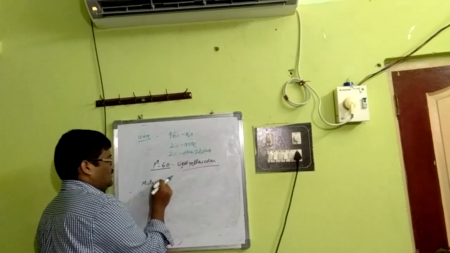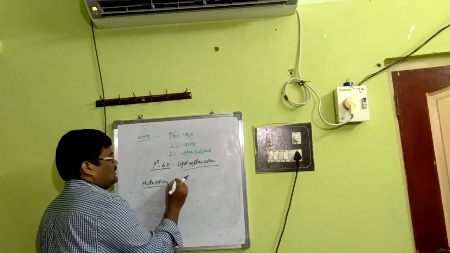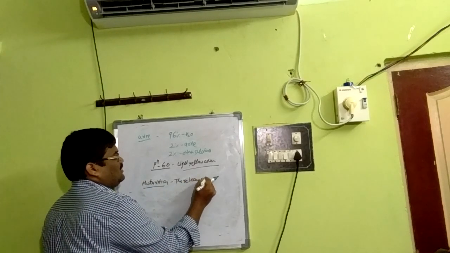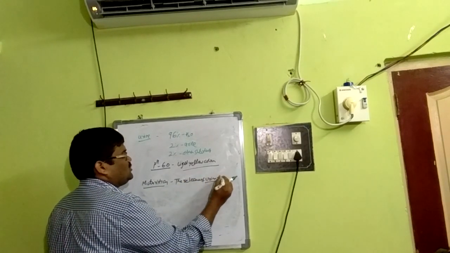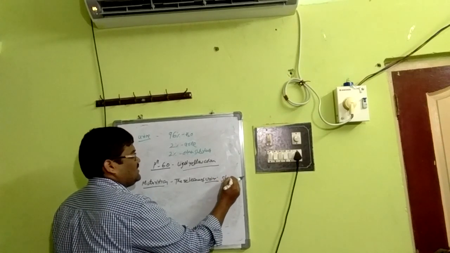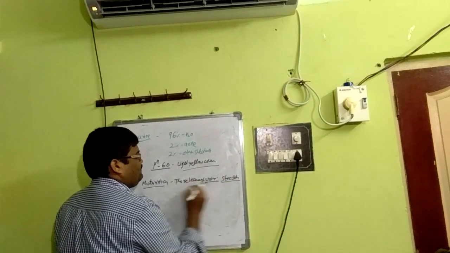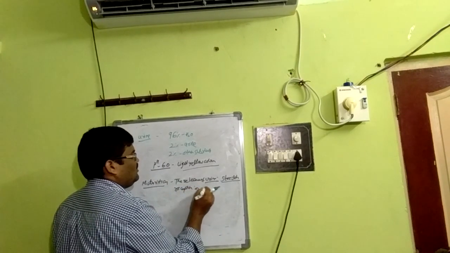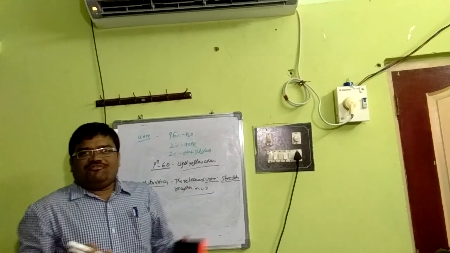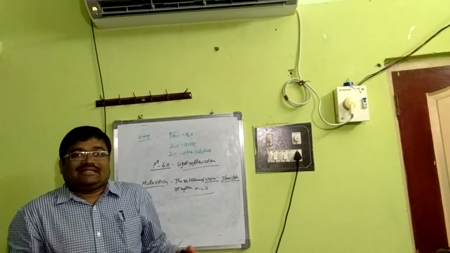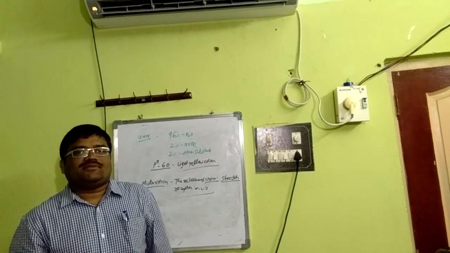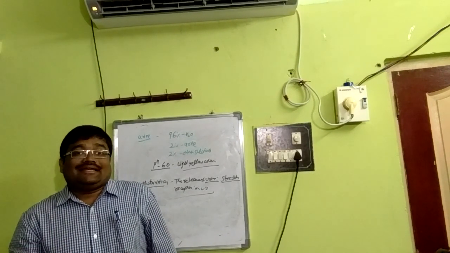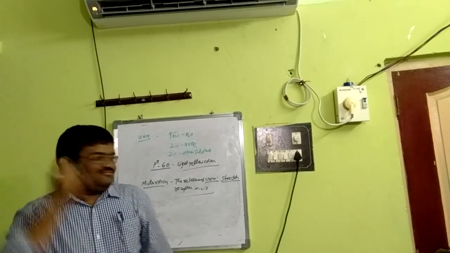Micturition. The release of urine is called micturition, facilitated by the stretch receptors present in the urinary bladder. This is very important. When the urinary bladder gets filled with urine, it sends a signal to the central nervous system.